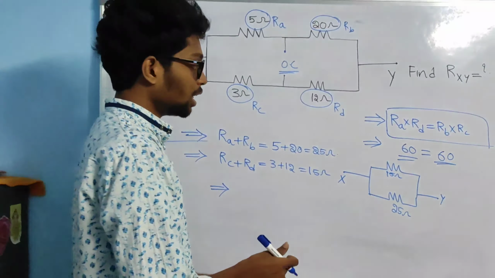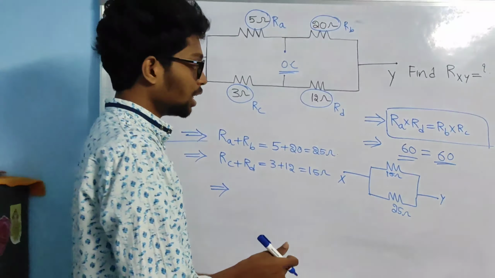RXY is equivalent to 15 into 25 divided by 15 plus 25. 15 plus 25 equals 40. 5 5s and 5 8s. 15 5s are 75 divided by 8.